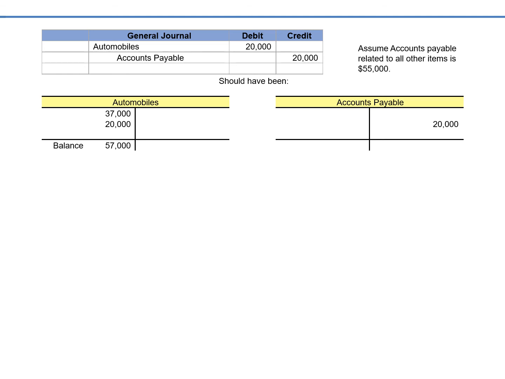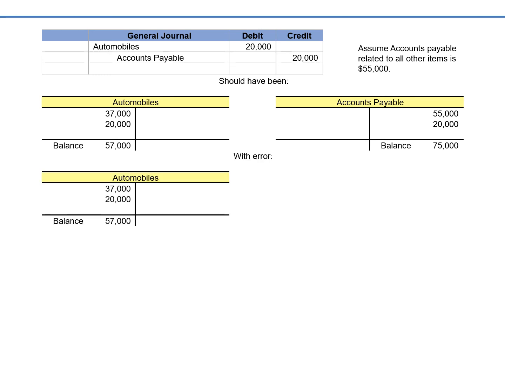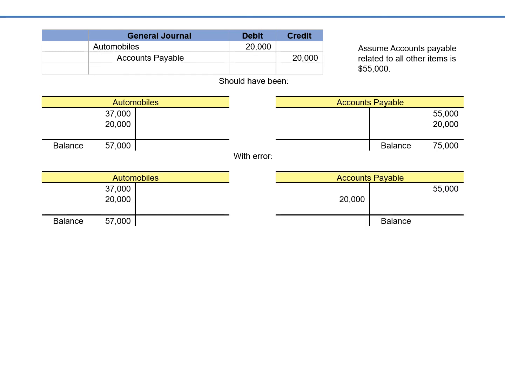Back into that. And then they tell us that our beginning balance on accounts payable was 55,000 plus our 20,000 credit means our ending balance is at $75,000. But what happened, nothing was incorrect about the way the automobiles were posted. But accounts payable, when we posted that $20,000 credit, we posted it to the wrong side of our T account.